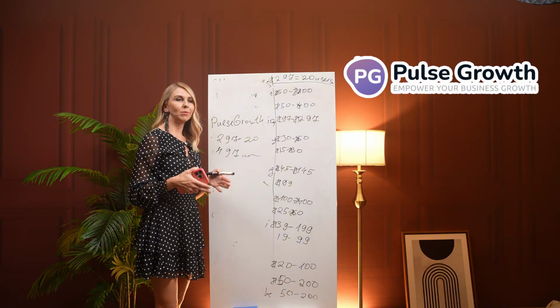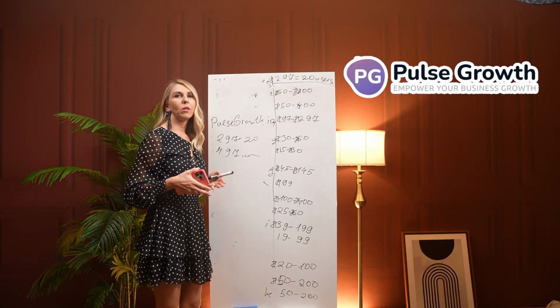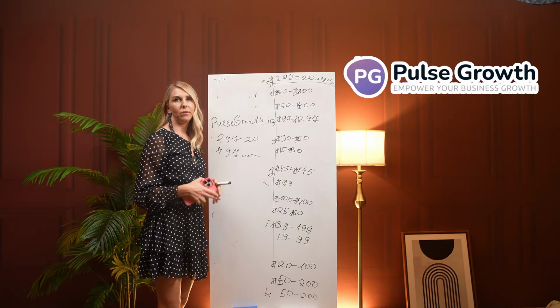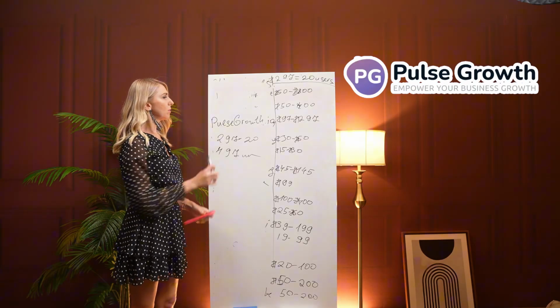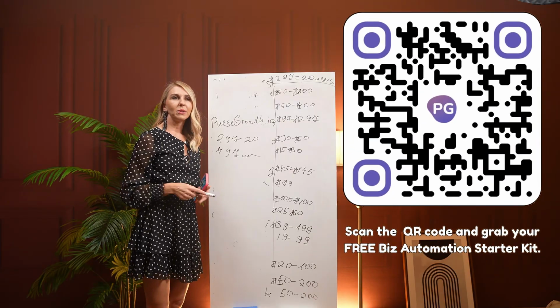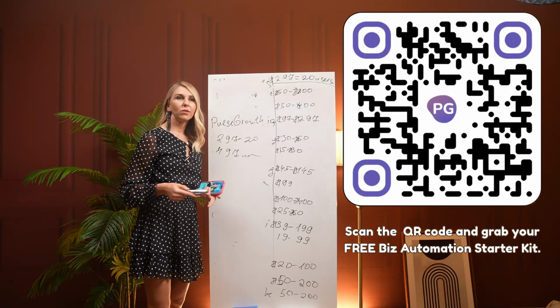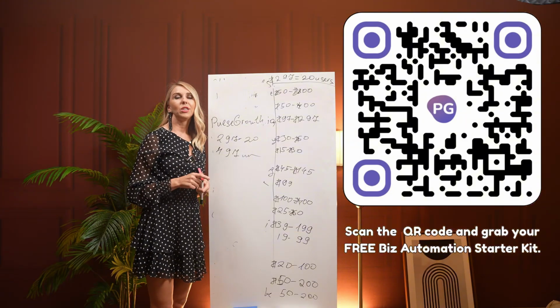Your websites can be built inside, so you don't have to hustle with different logins and passwords and jump between different teams. All of this is covered by just PulseGrowth, an all-in-one automation platform. How cool is that? And you can try it for free.